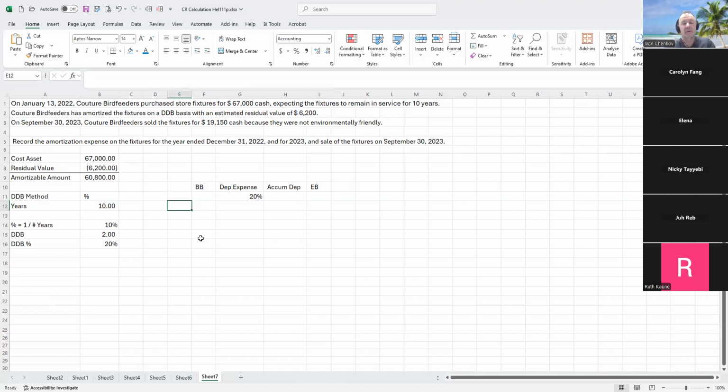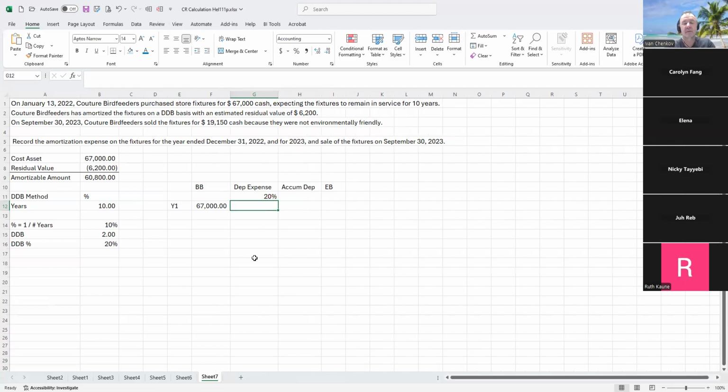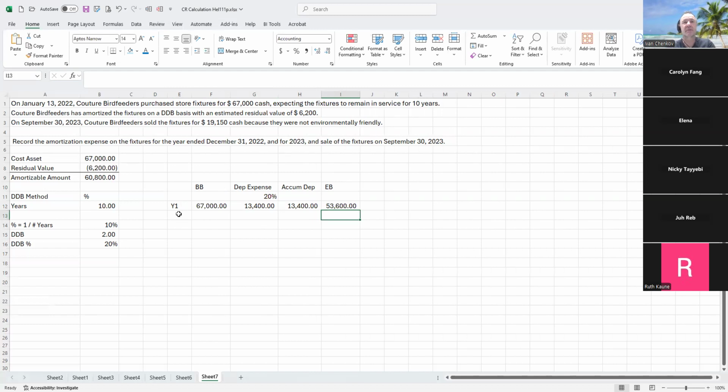Let's start with year one. Beginning balance is 67,000. Depreciation expense is 67 times 20%. Accumulated depreciation is the same. Ending balance is 67,000 minus depreciation expense, 53.6.